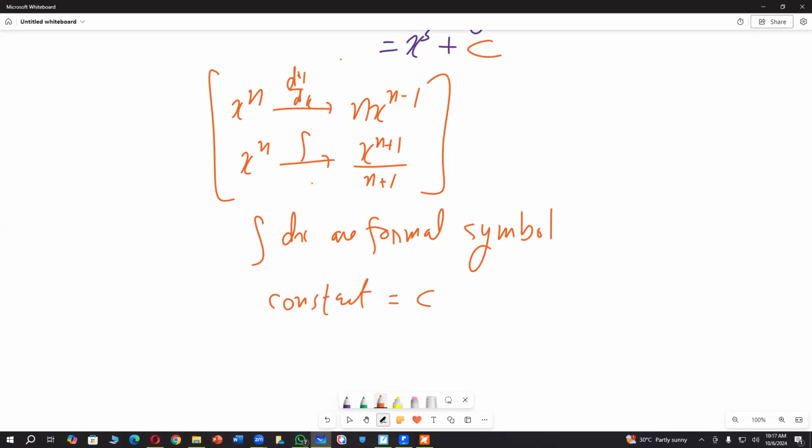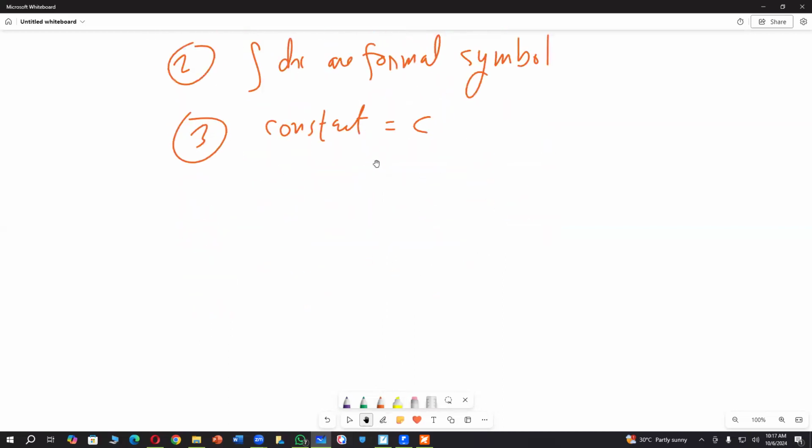Normally it is C. So this is 1, this is 2, this is 3. These are the primary concepts of this chapter, integration. Integration is the reverse of differentiation. Yes, the wave sign and the dx are formal symbols, and the constant C is a technical requirement, because whatever constant was there in differentiation, it will turn to zero.